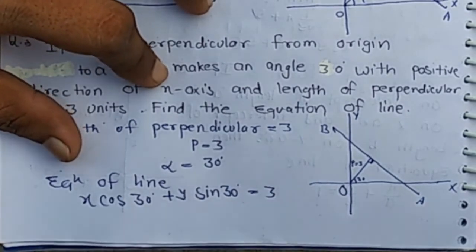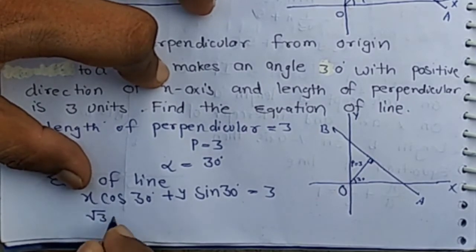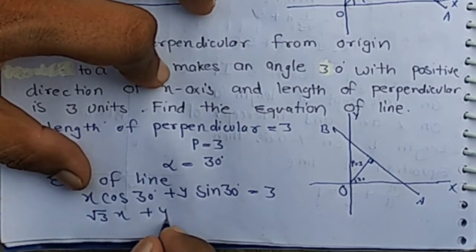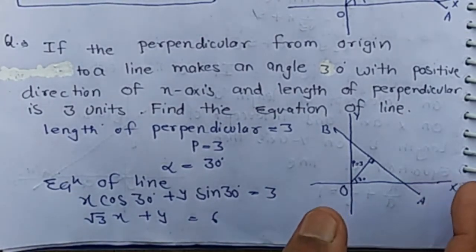Put the values of cos 30 and sin 30. We have root 3x plus y equal 6, and it is the required equation of the line.